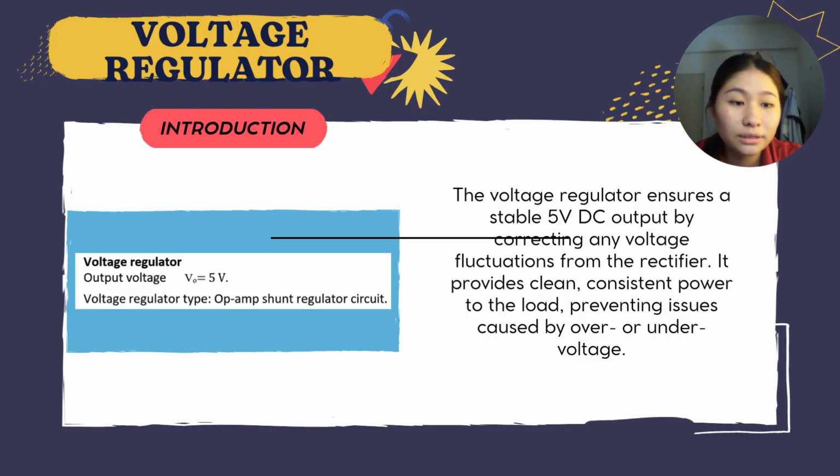The voltage regulator ensures a stable 5 volt DC output by correcting any voltage fluctuations from the rectifier. It provides clean, consistent power to the load, preventing issues caused by over or under voltage.